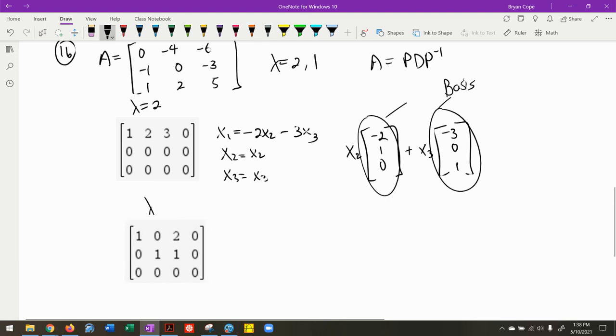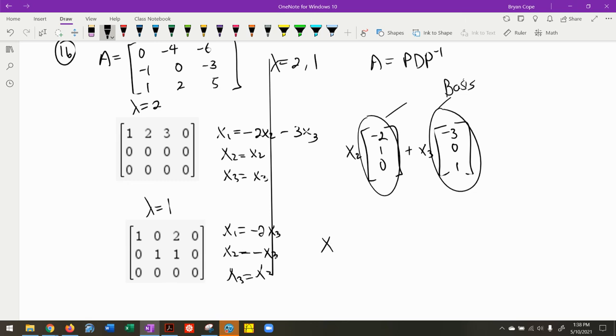So for lambda equals 1, we have x1 equals negative 2x3, x2 equals negative x3, and x3 equals x3. So our eigenspace basis is negative 2, negative 1, 1, and that's the basis vector.